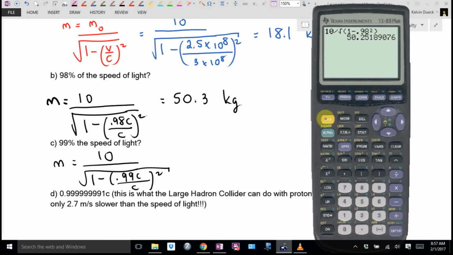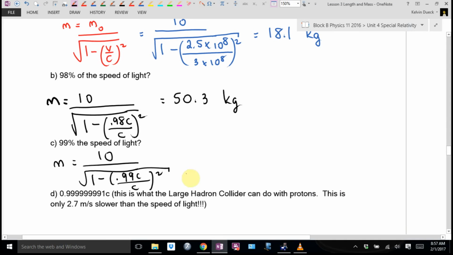I can just backspace and change the 8 to a 9. And I get 70.9 kilograms.